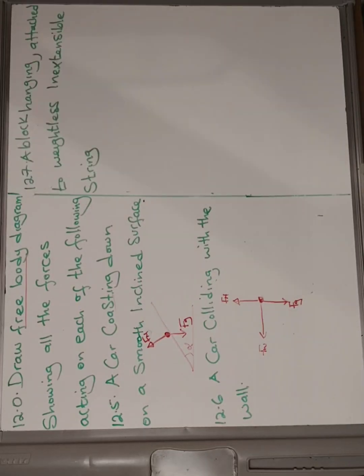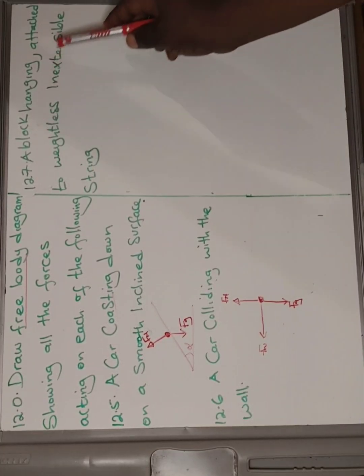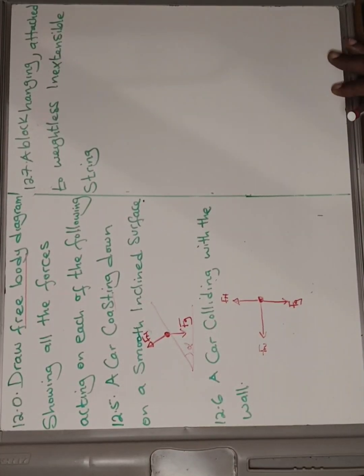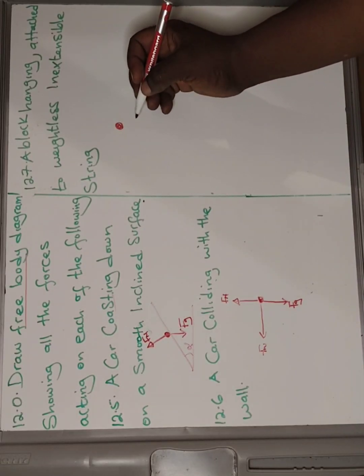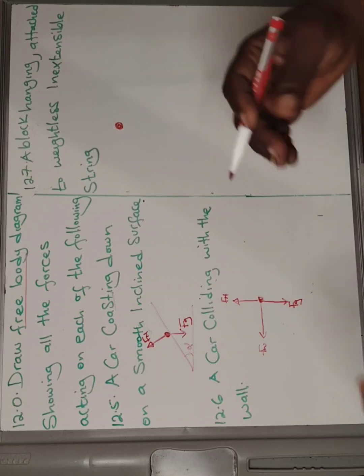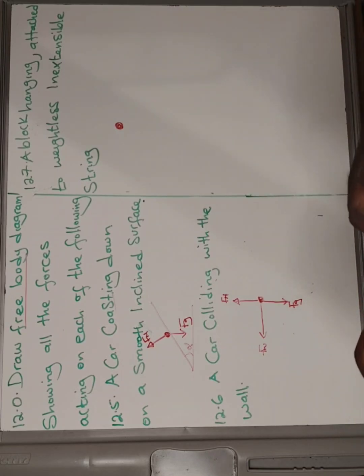So comes this question, says a block hanging attached to weightless inextensible string. So what are the forces acting here? So you have your block, it's hanging. Hanging means that it's not sitting on the ground. So what does that mean?